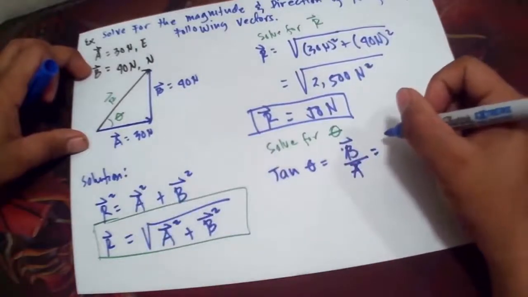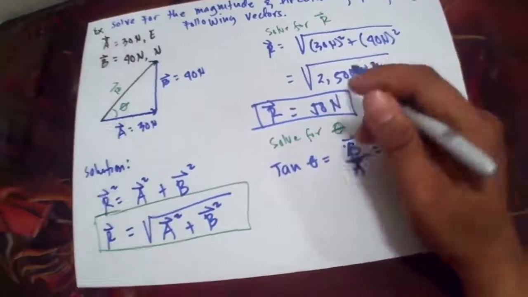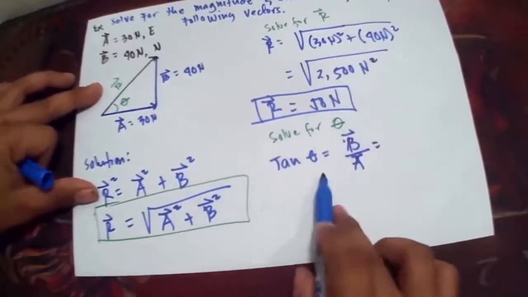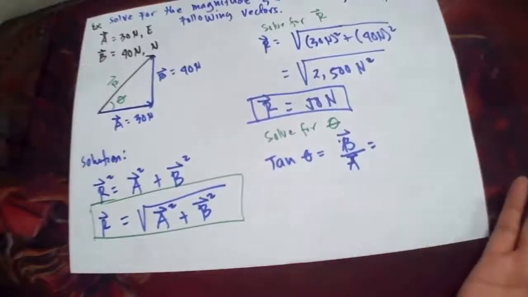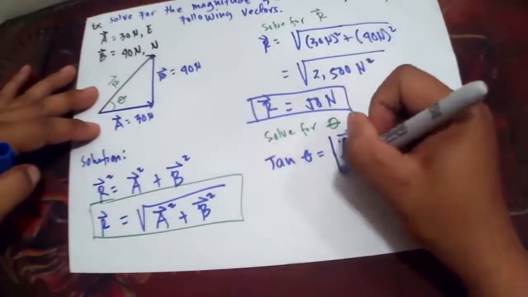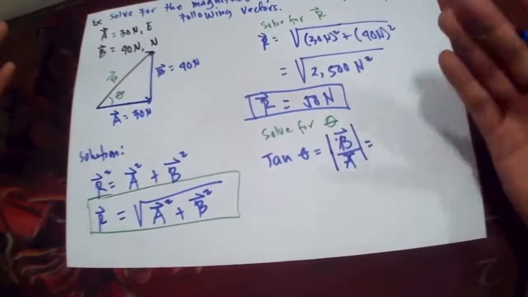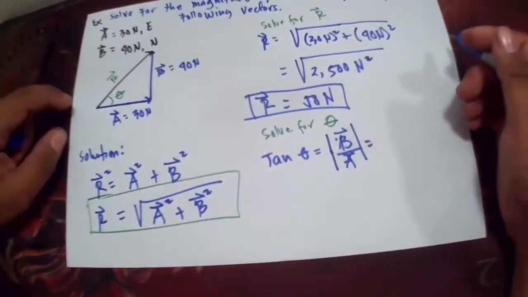When it comes to this formula here in vector class, these are all absolute values. Okay? Remember that these are all absolute values.